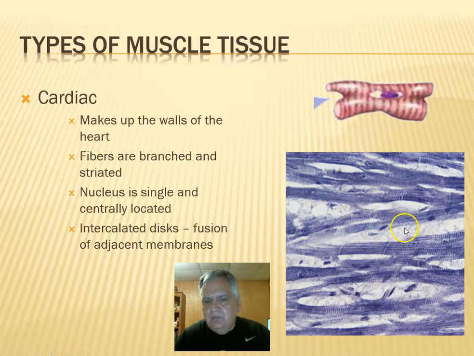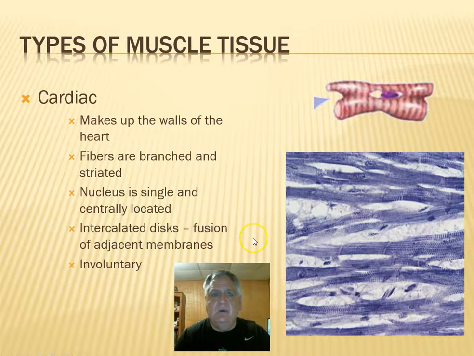We can see some other areas where it's a little more difficult, but there's an intercalated disc there. And we can also, by the way, see the branched nature of these fibers. That aids with the spreading of impulses across the fibers to get the heart to contract in a way that it's supposed to maximize pumping of blood.